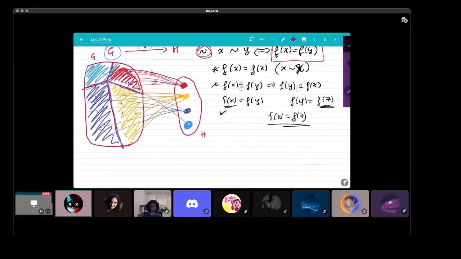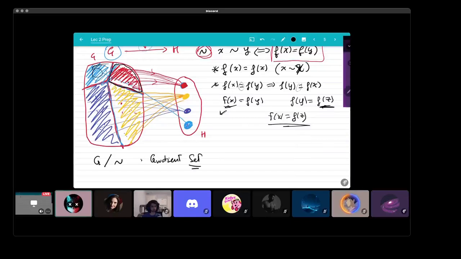And actually we can call the set of classes, that is the set of areas, G quotient equivalence relation, or this is also called the quotient set, not a group.